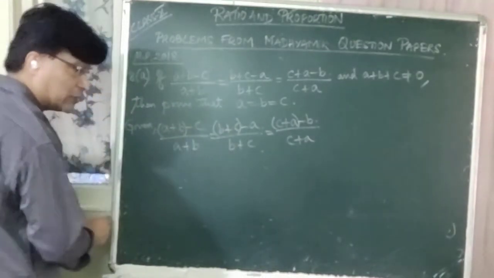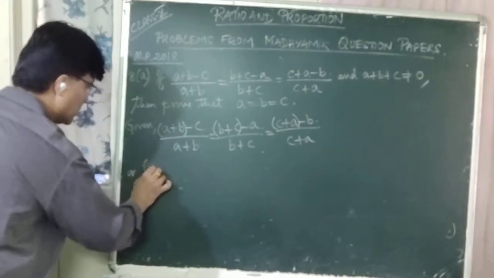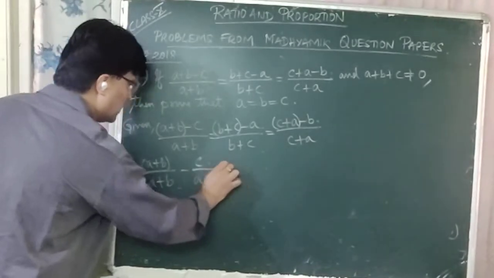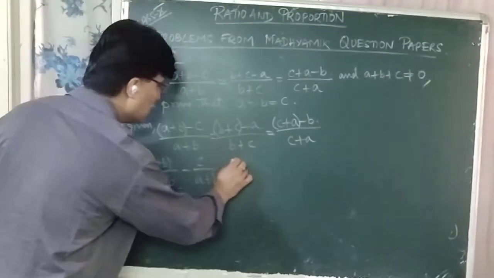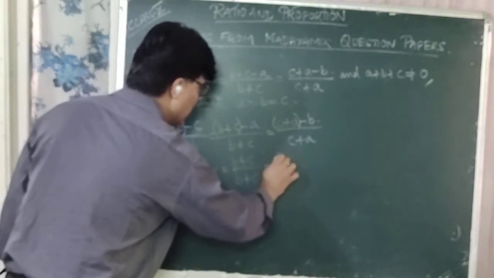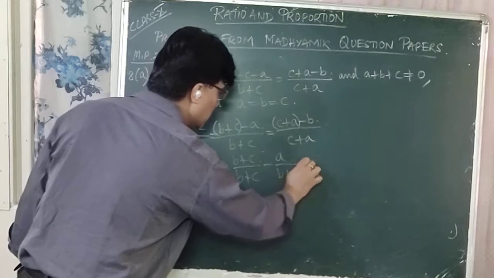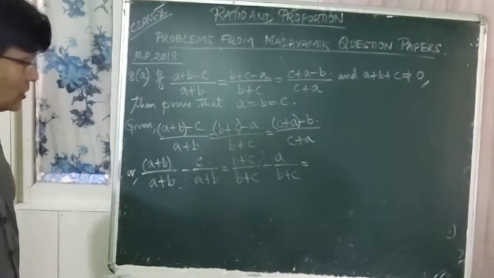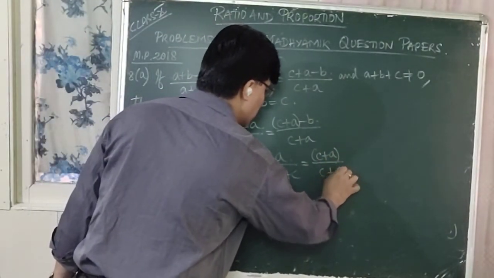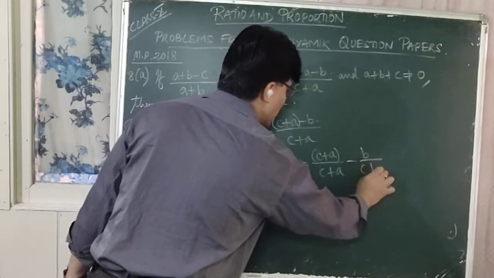So let us separate the terms: (A + B)/(A + B) − C/(A + B) = (B + C)/(B + C) − A/(B + C) = (C + A)/(C + A) − B/(C + A).